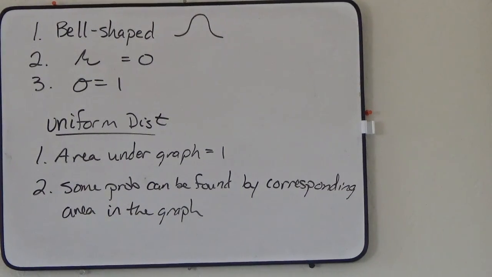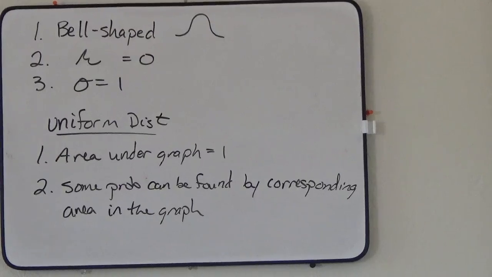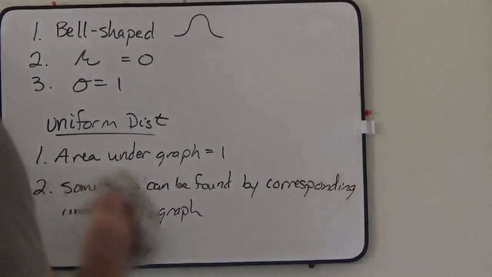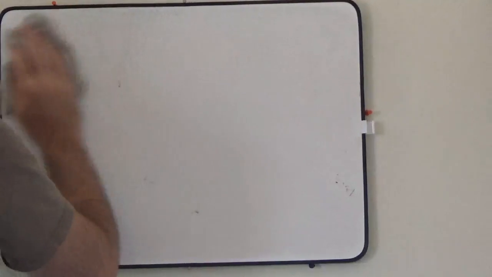So here's the density curve. Let me talk about the density curve really fast. Density curve is kind of the same idea. It's what's going on underneath your uniform distribution. The area has to equal 1.